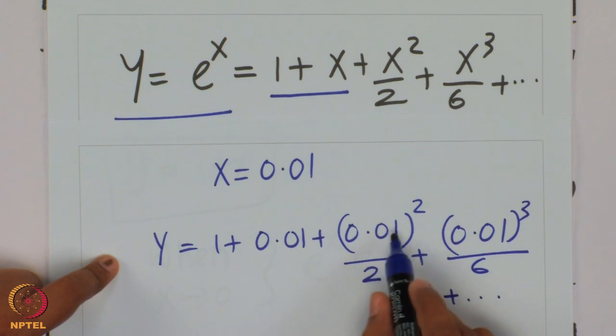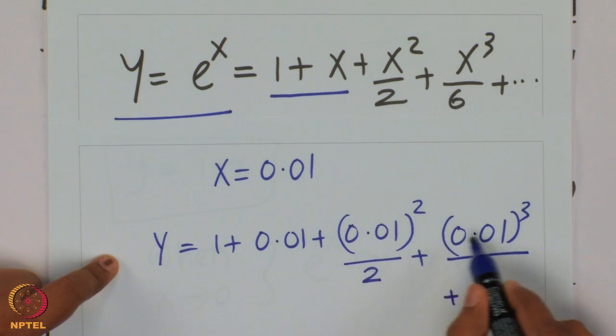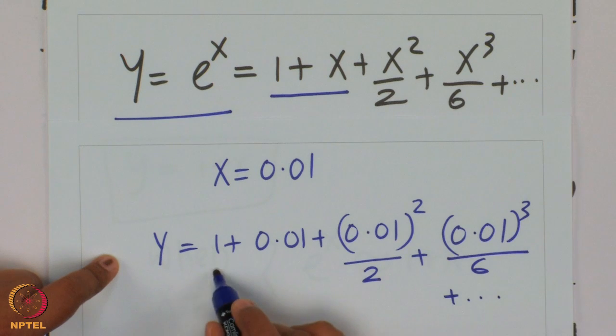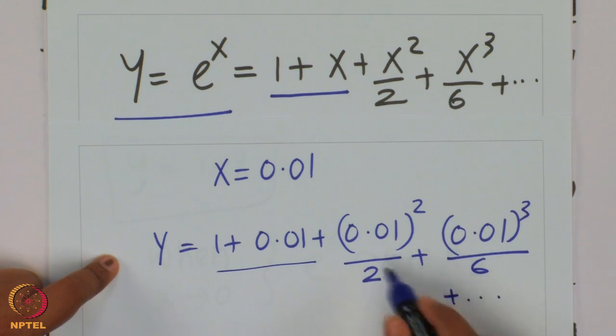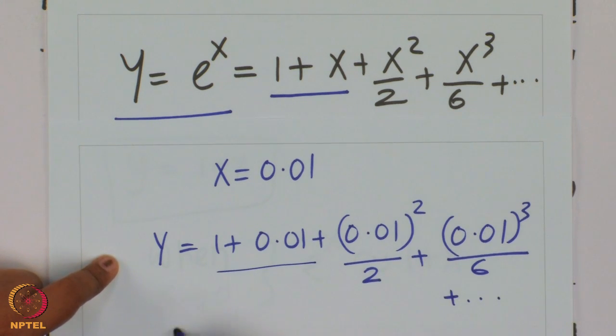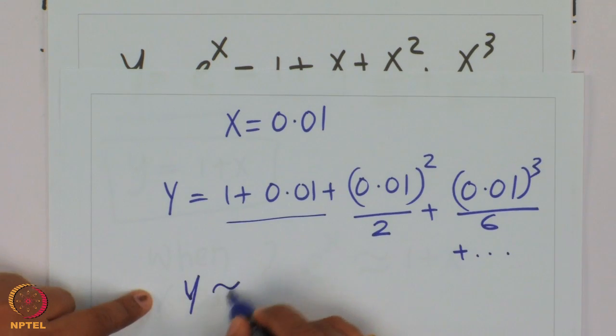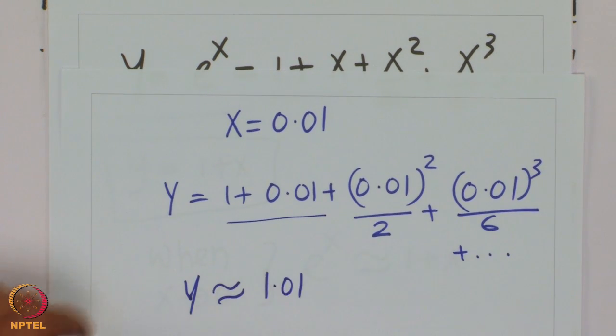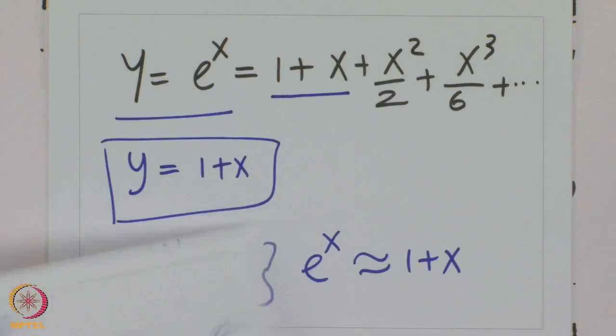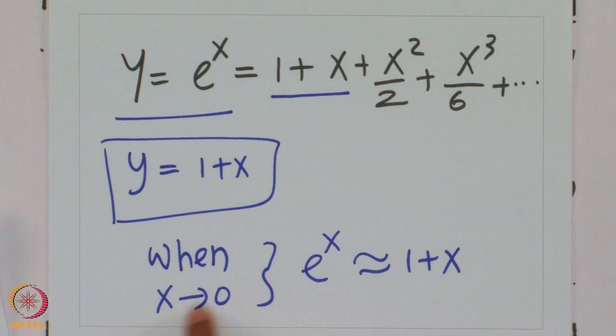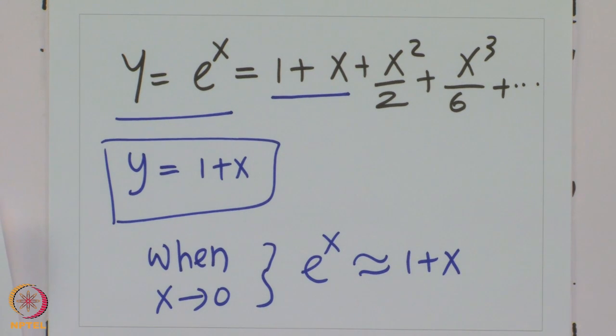So when you square this small number, it becomes smaller, and this is much smaller. So approximately this is 1.01 plus one small number, so y will be approximately 1.01. So this is the reason why this works: when x is very close to 0, e power x is approximately 1 plus x.